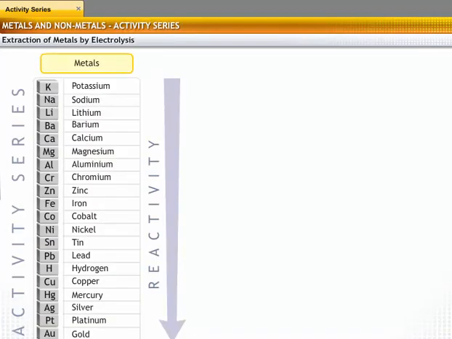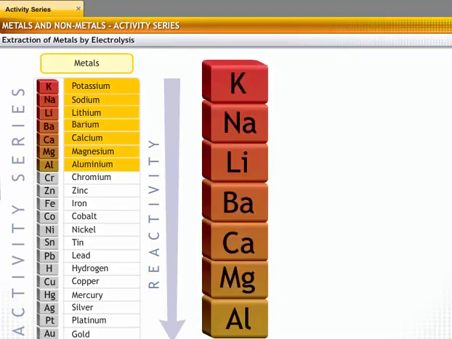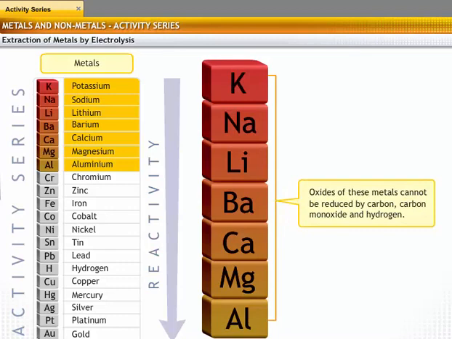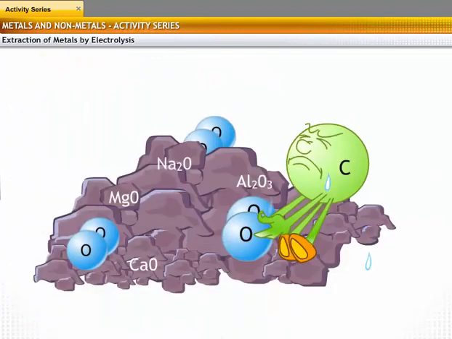The metals high up in the activity series are very reactive. Hence, they cannot be obtained from their compounds by heating with common reducing agents like carbon, carbon monoxide, and hydrogen.